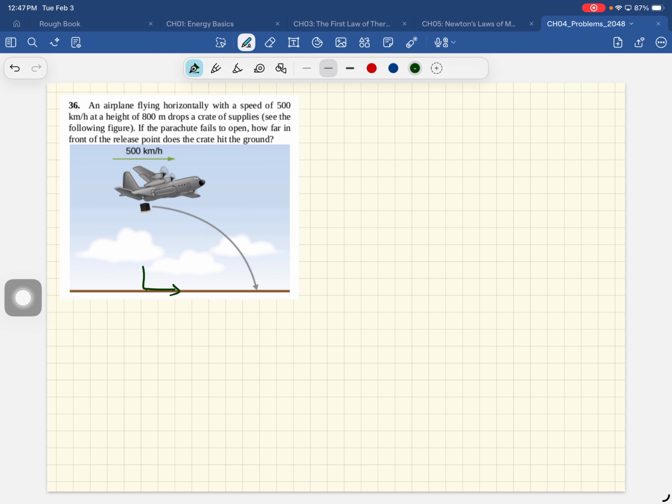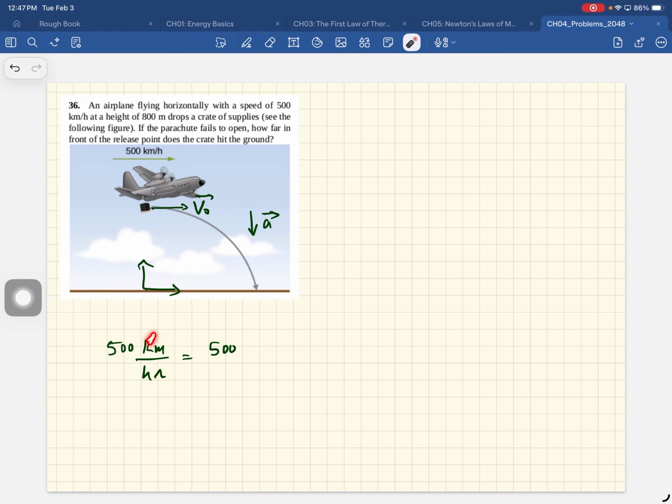Here are the axes. And you want to write down V naught and A. Here's your acceleration vector, and there is your V naught vector. But let's calculate 500 kilometers per hour equal to 500 times a kilometer, that's 10 to the power of 3 meters, and 1 hour is 3,600 seconds.